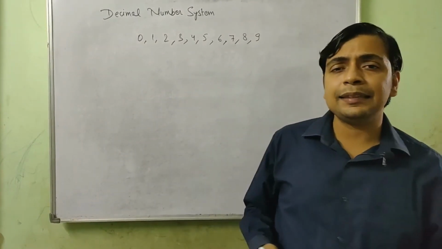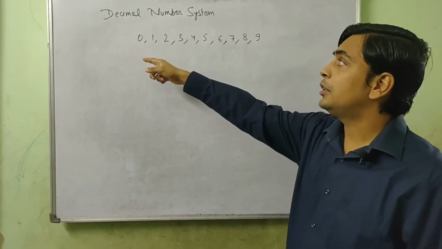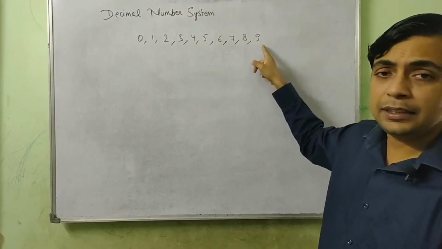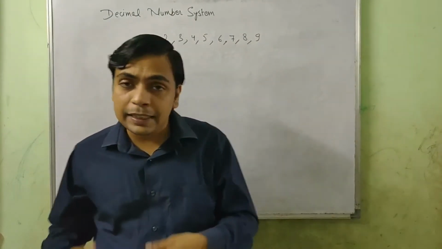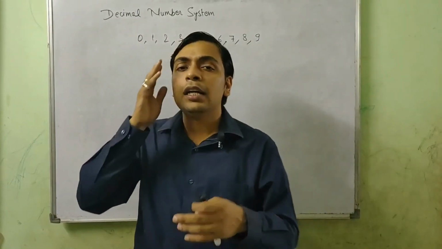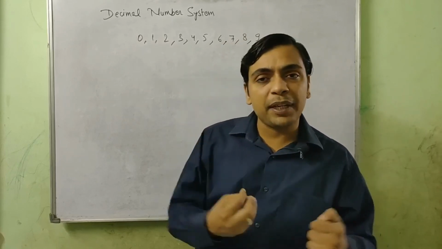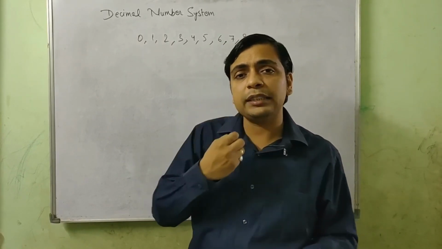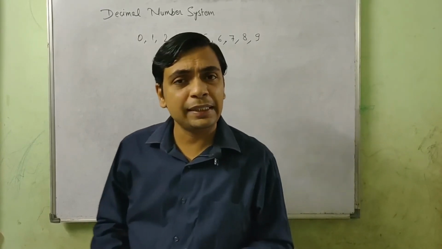And the largest digit? 9. In any number system, there is a set of digits, with a smallest digit and a largest digit. I am telling you how numbers are formed. We start from the smallest digit till the largest digit, writing them in increasing order.